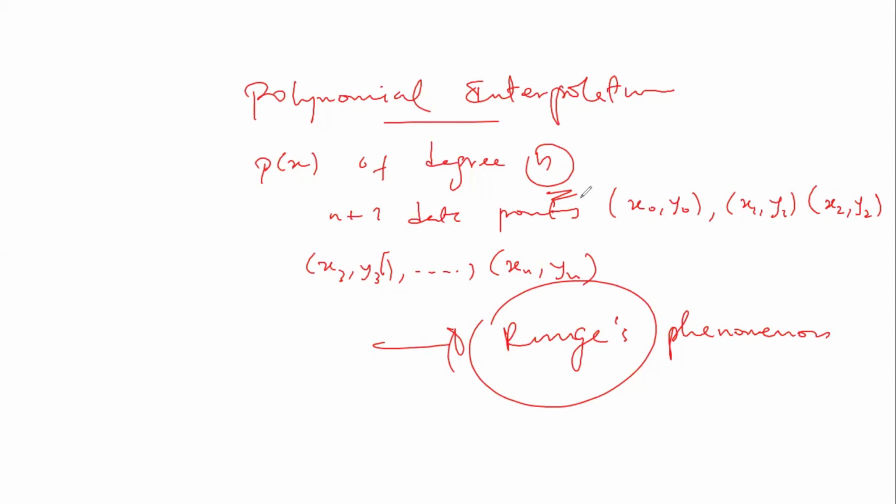Now, we already mentioned that we have two major examples of the polynomial method, the Lagrange and the Newton interpolation. So let us try to show the formulation for the Lagrange interpolation.